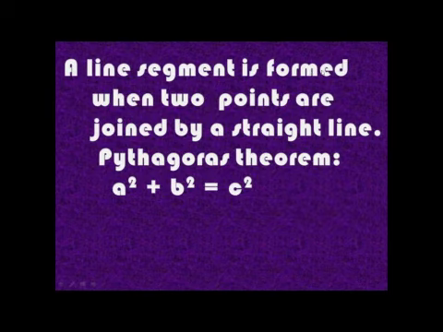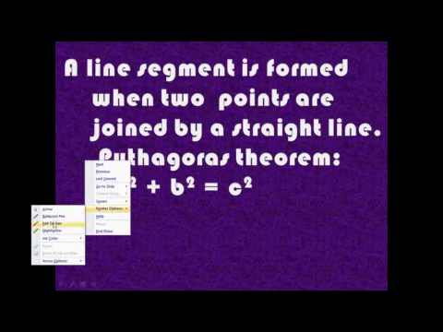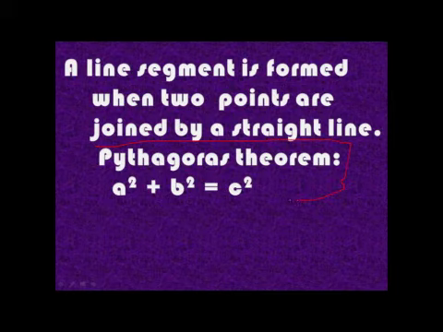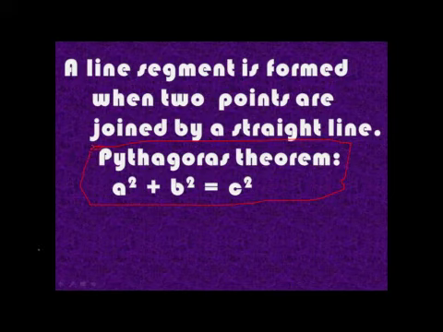A line segment is formed when 2 points are joined by a straight line. Okay, so a line segment is formed when you join 2 points by a straight line. Okay, so this Pythagoras theorem is actually needed for all kinds of geometry.